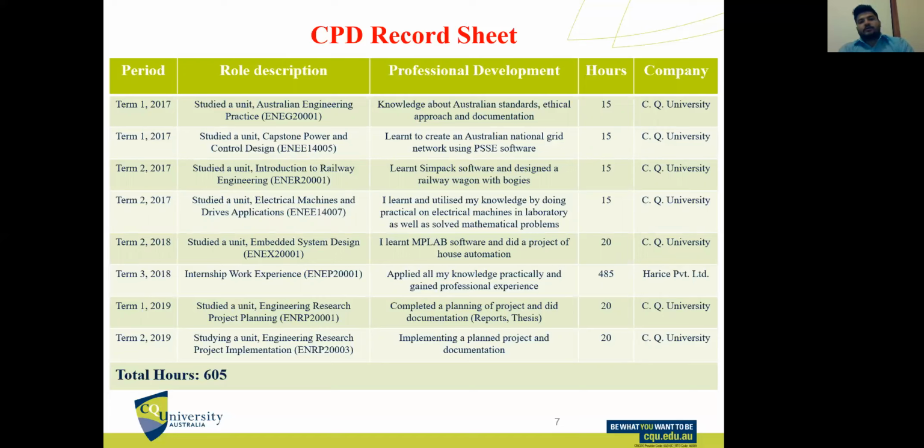In term 2 2018, I learned embedded system design, where I learned MPLAB software and hardware interfacing with a microcontroller, which was a PIC 18F4321. In term 3 2018, I did my full-time internship. In term 1 2019, I did engineering research project planning. And in this term, term 2 2019, I am doing implementation.